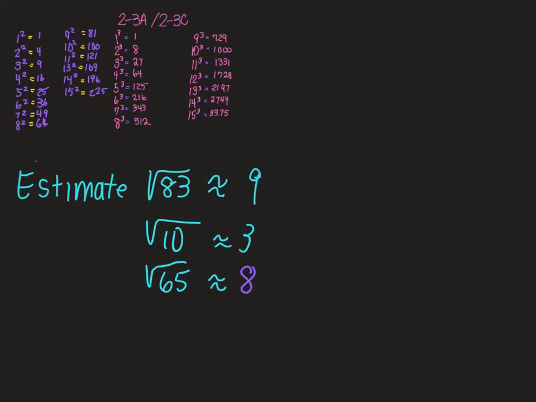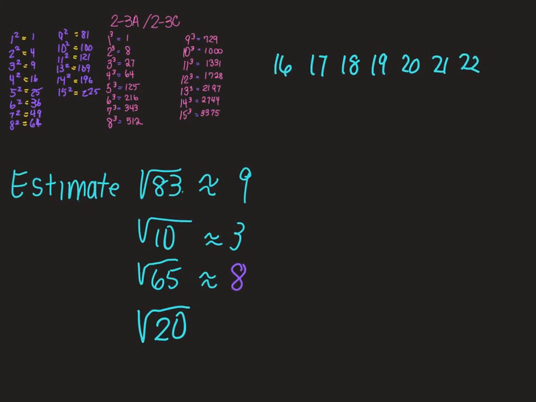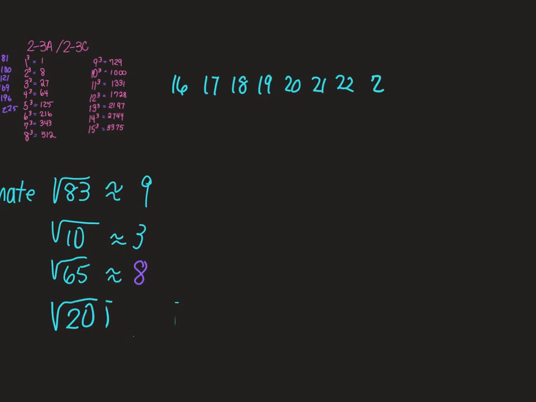Okay, what if we had, this one's a little harder, the square root of 20? Well, it's pretty close to 16, but it's also pretty close to 25. So if I think about 16, 17, 18, 19, 20, 21, 22, 23, 24, 25, and 20 is right here.